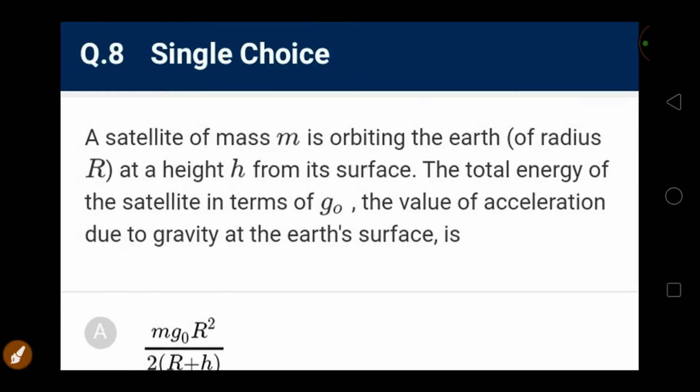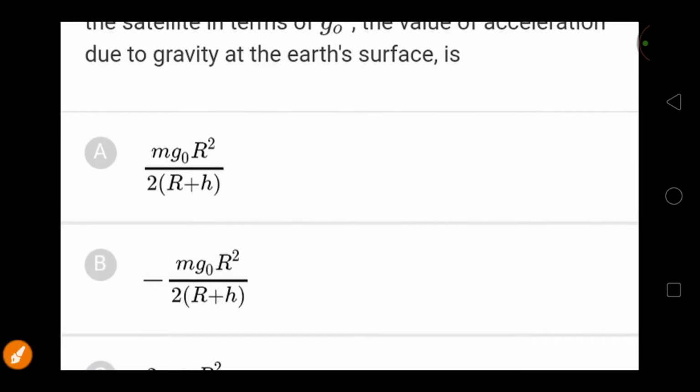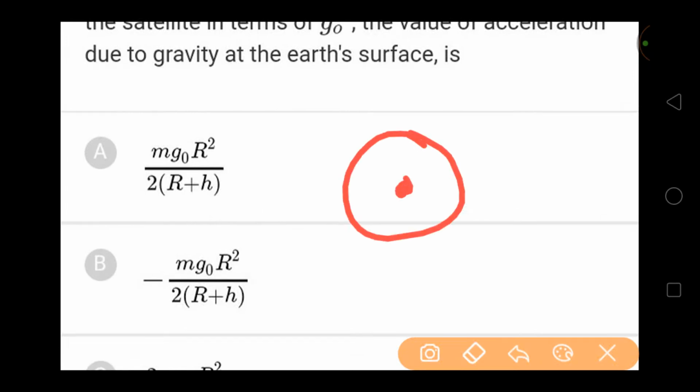Eighth question. A satellite of mass m is orbiting the Earth of radius r at a height h from the surface. Total energy of the satellite in terms of g naught, where g naught is the value of acceleration due to gravity at the Earth's surface. What they're asking is the total energy, right? So it is Earth, it is satellite.